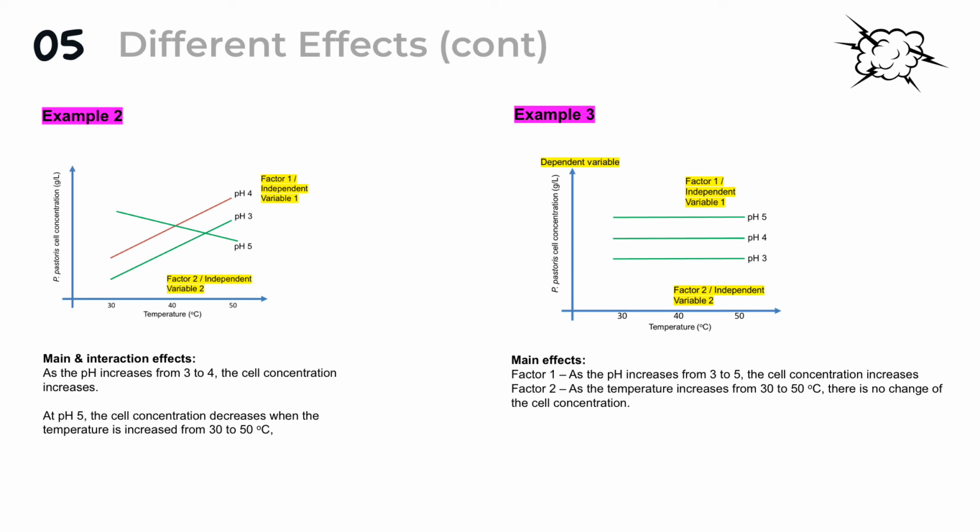For factor 1, as the pH increases from 3 to 5, the cell concentration also increases. And for the second factor, as the temperature increases from 30 to 50 degrees Celsius, you can see that there is no change of the cell concentration of P. pasteurii. That's why all of the profiles are horizontal.